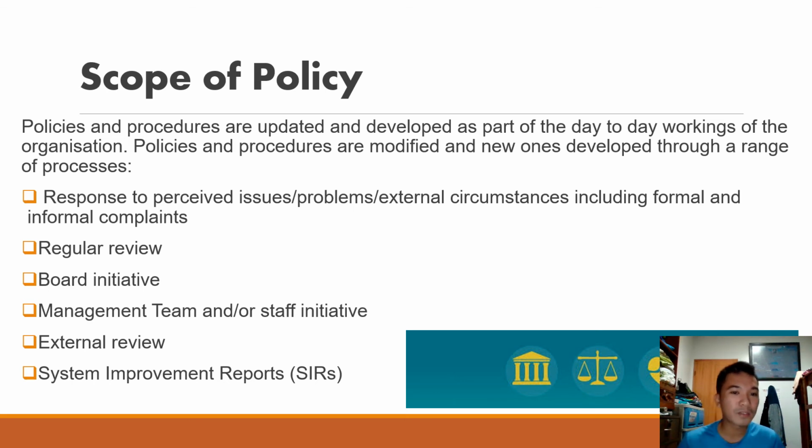First is the response to perceived issues, problems, external circumstances, including formal and informal complaints. Then also regular review is part of the process. Then board initiative, management team or staff initiative, then external review from the representative from the external group, then system improvement reports or SIR.